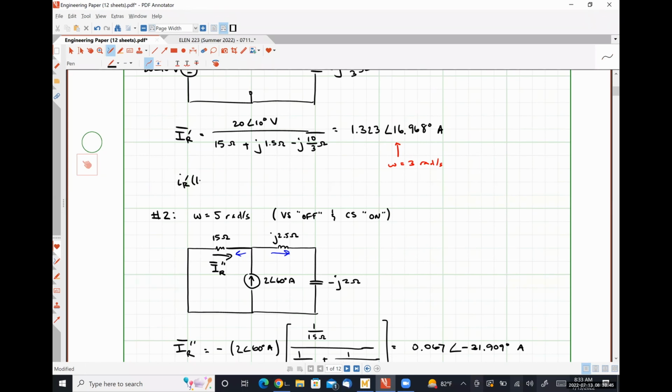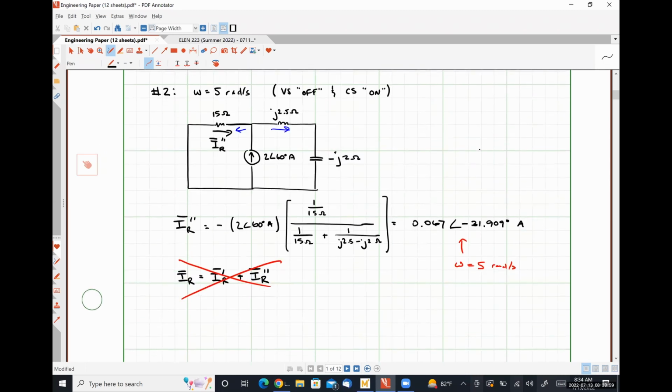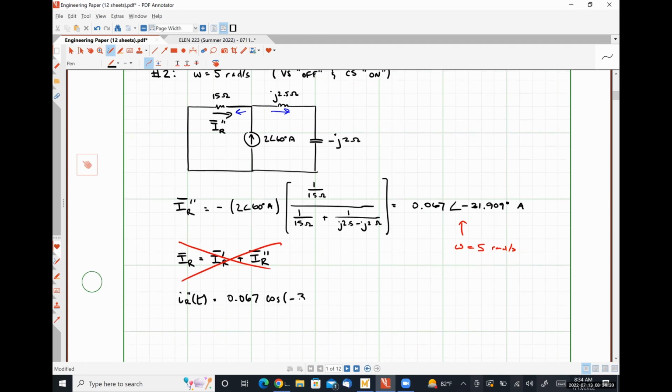IR prime is going to be 1.323 cosine of 3t plus 16.968 degrees amps. IR double prime of t is going to be 0.067 cosine of 5t minus 31.909 degrees amps.